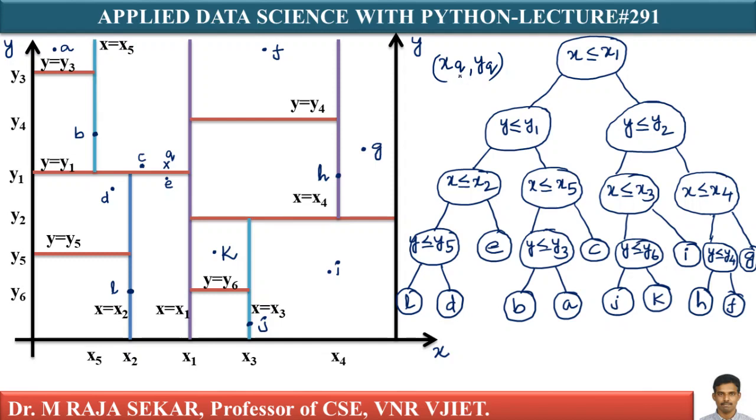Now, given xq and yq, I must find the one nearest neighbor of this particular query point Q, whose x coordinate is xq and whose y coordinate is yq. Let's see how to do it.